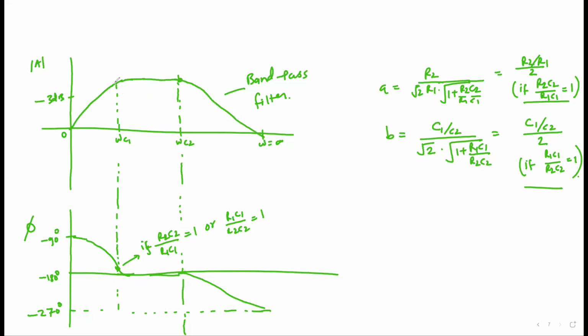Like this. So at these two frequencies, we see that these are the minus 3 dB points, and that's the original gain.